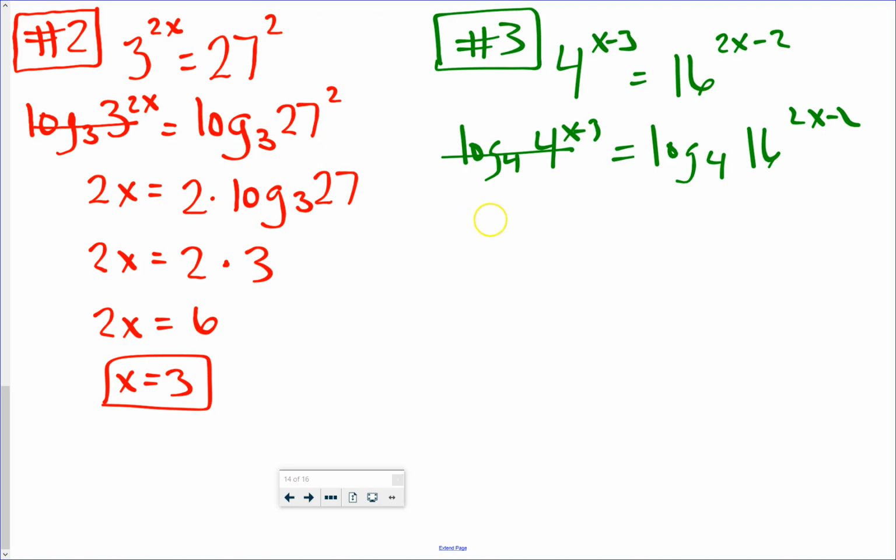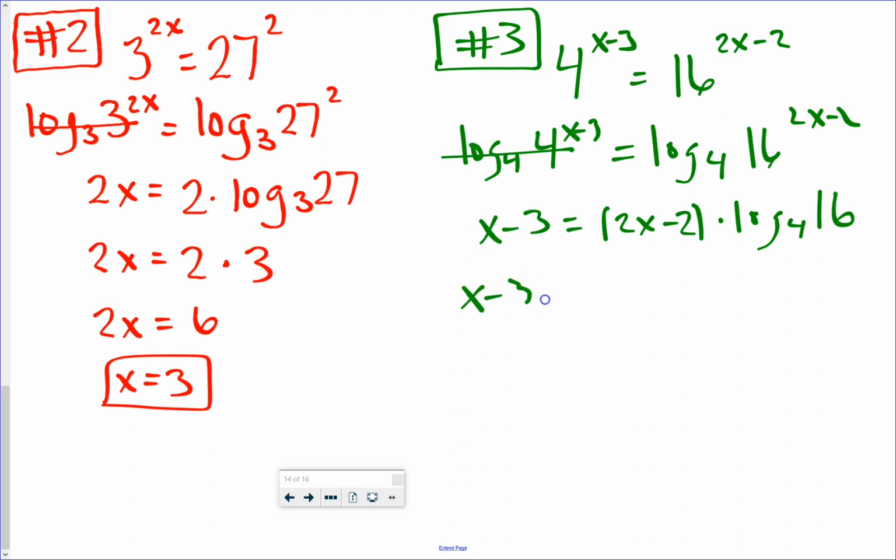Left side cancels. I have x minus 3. I'm going to do my power property. So I'm going to bring 2x minus 2 out front. Multiply that by log 4 of 16. What is log 4 of 16? It is 2. So we get x minus 3 equals 2x minus 2 times 2.